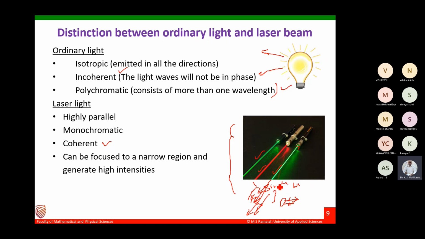One is temporal coherence, and the other is spatial coherence. Over space and as a function of time, do two photons have correlation? That kind of coherency is possessed by this special light, and it can be focused to a narrow region and a high intensity can be produced.